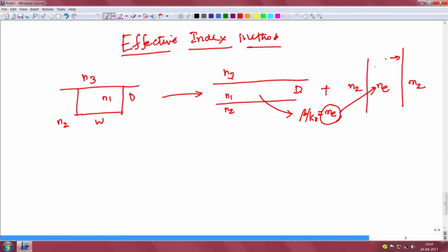In the particular example that we have considered, this is a symmetric slab waveguide along the width direction and an asymmetric slab waveguide in the depth direction, and we know all the expressions to calculate the effective refractive index of the asymmetric slab waveguide as well as the symmetric slab waveguide. The crux of the problem is to find the refractive index of the first region and substitute for the slab region, and the final refractive index that we obtain, let us call it NF, is the final refractive index of the original channel waveguide.